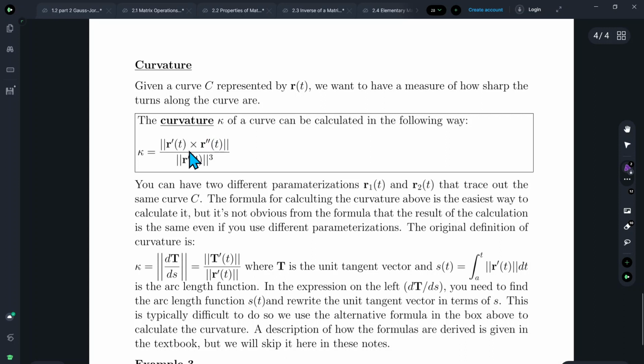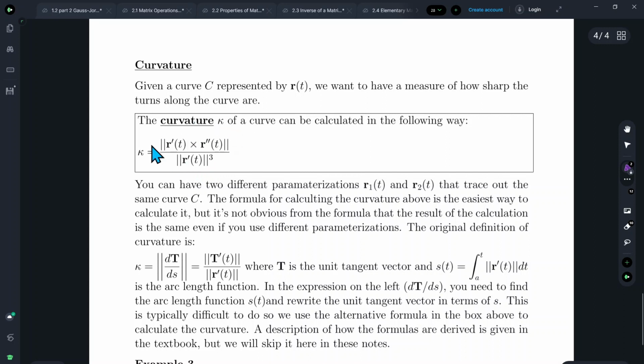One thing to be aware of is that if you have two different parameterizations for the same curve, you want the formula for calculating curvature to be independent of the different parameterizations, and this formula is independent of any parameterization.